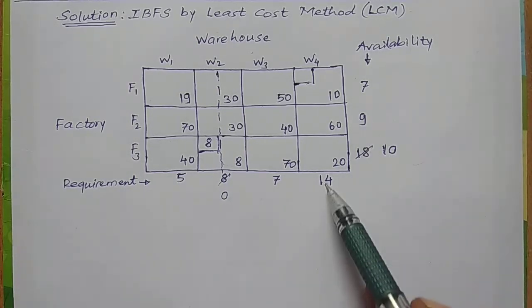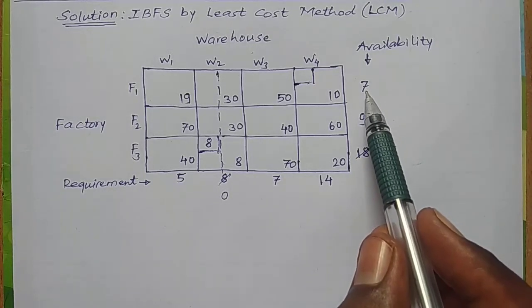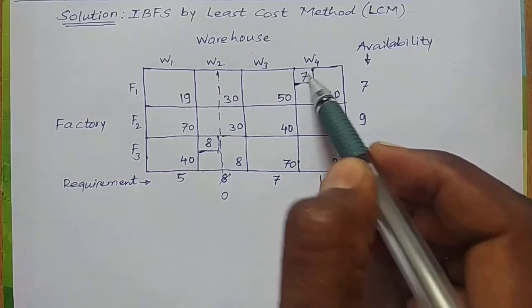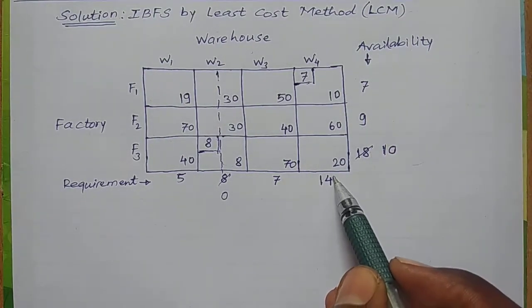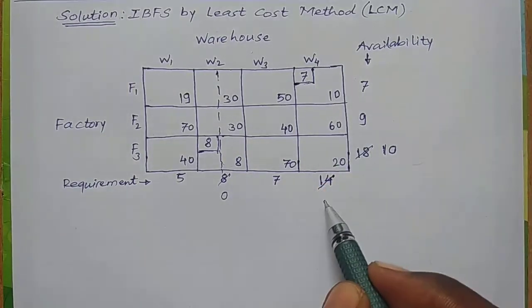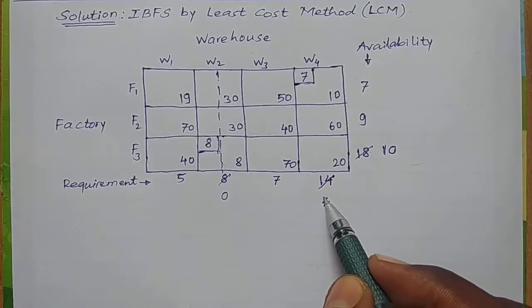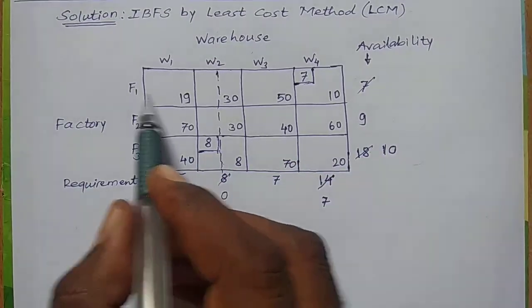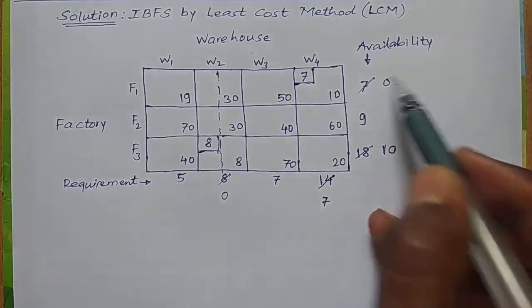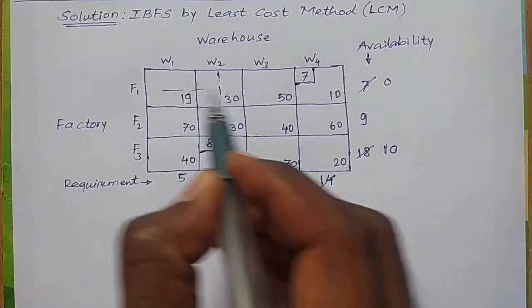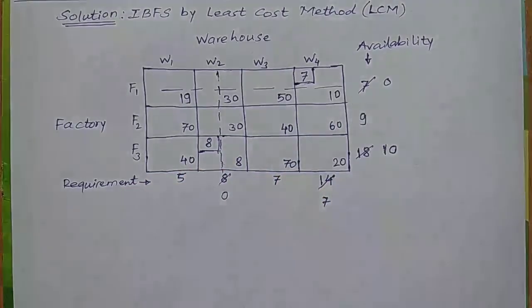So we can use the availability of factory F1 completely here, and our requirement reduces by 7. So 14 minus 7, 7. The requirement remaining is 7, but the supplying capacity or availability is exhausted at factory F1. Now let us neglect this row from further calculations.